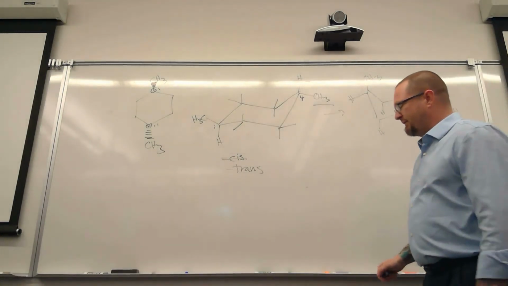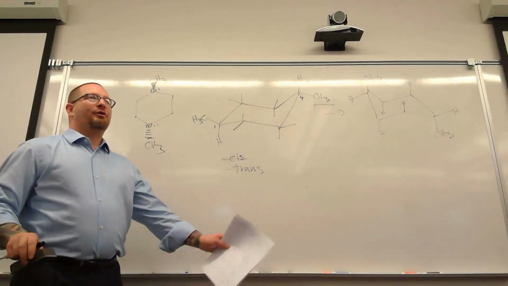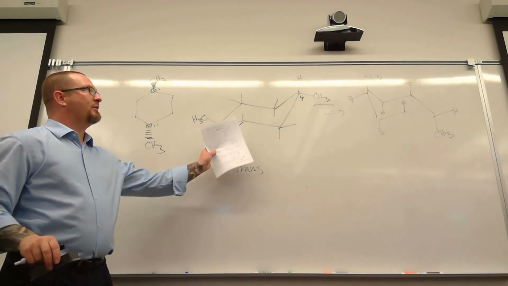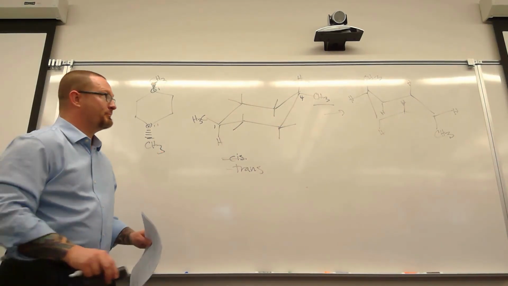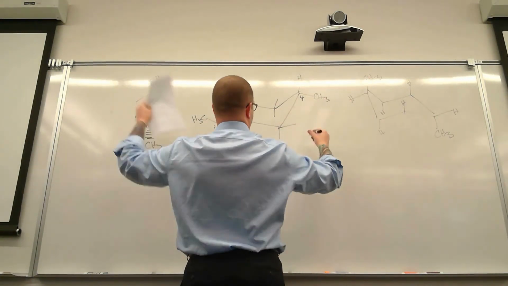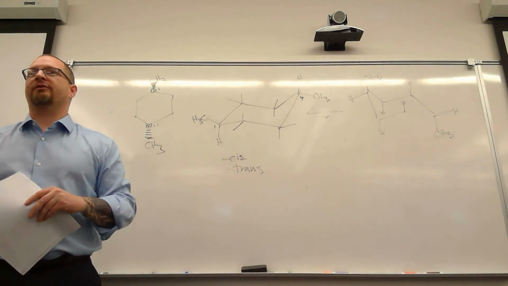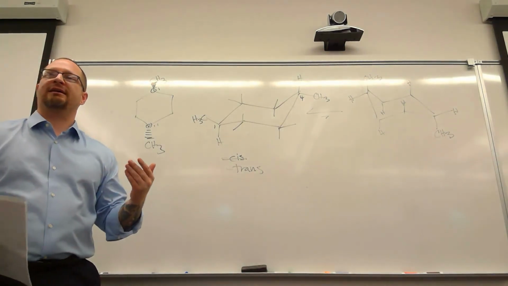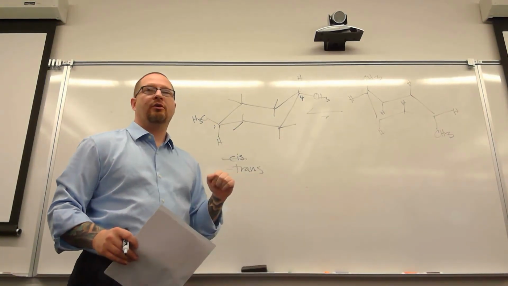So even though it's exactly the same compound, one of these conformers will be preferred. Which one? A or B? A will be preferred because the methyls, the bulky groups that can participate in diaxial interactions, are on the equator. Here, over there, they're not.